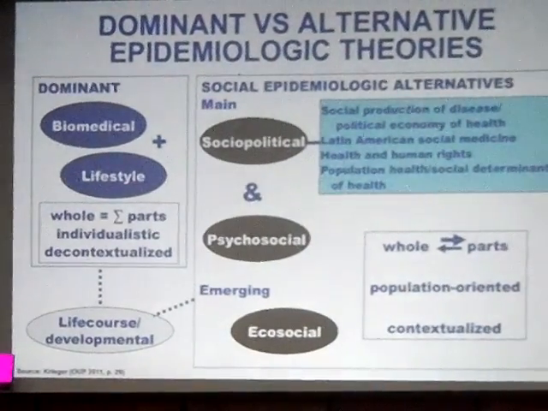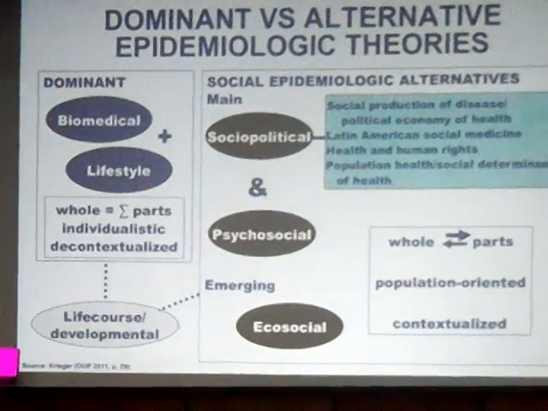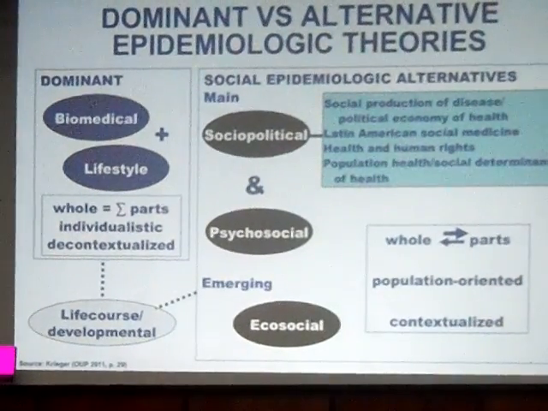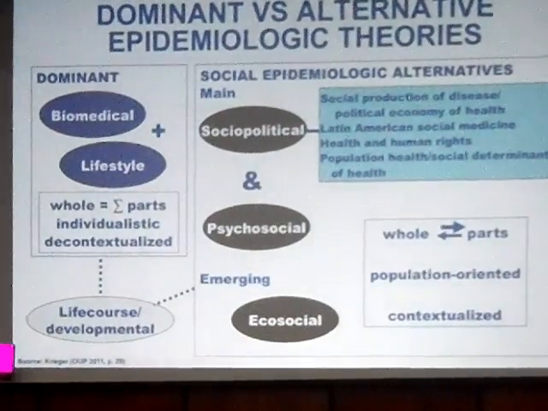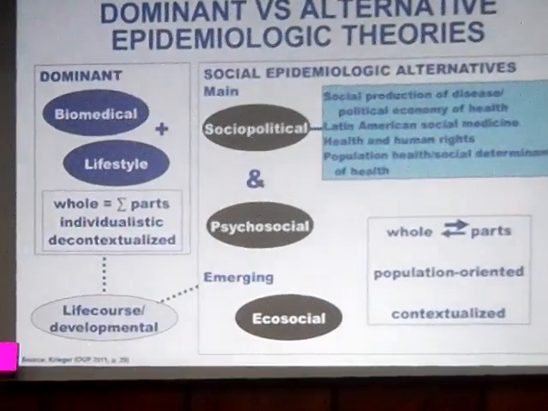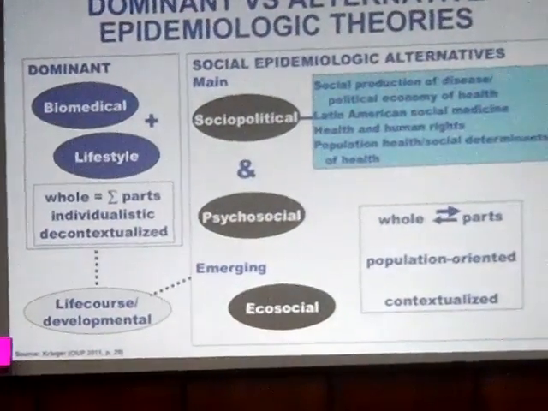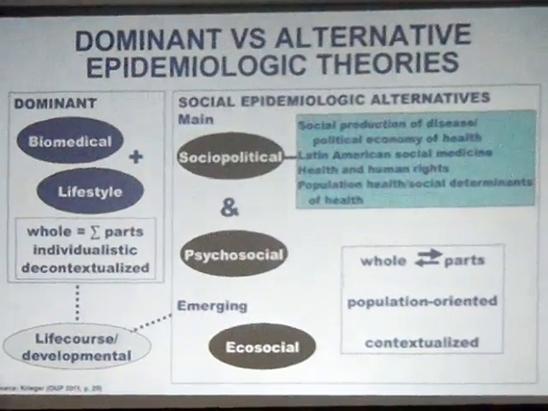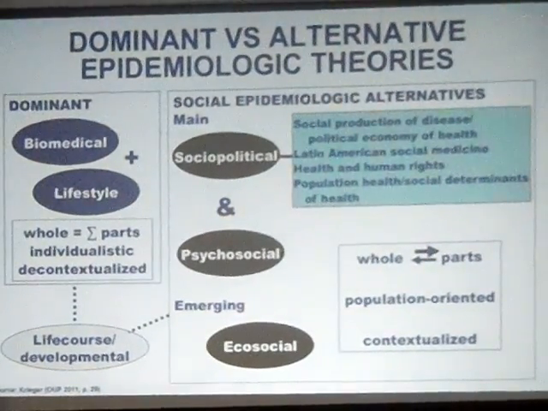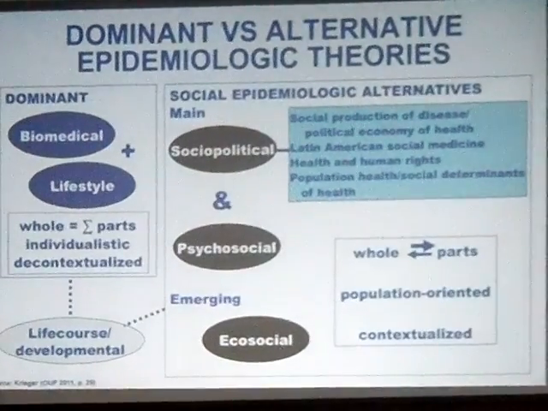We have already heard earlier this morning about conventional or dominant approaches to causal thinking in modern epidemiology, so there is no need for me to review their theoretical underpinnings in detail. Let me just say instead that their dominant epidemiologic approaches, biomedical and lifestyle, tellingly are typically used implicitly rather than explicitly. What they share in common is first, a focus primarily on individual level pathology, biology, and behavior.